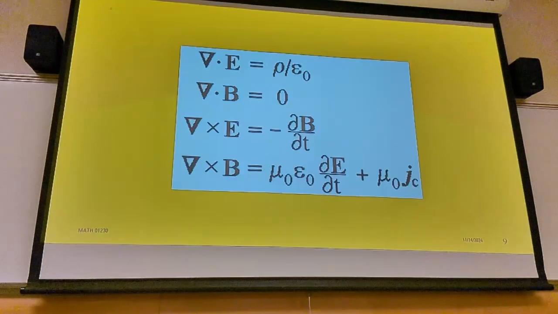But these are from the 1700s, 1800s. Without this discovery, none of this would be possible. We wouldn't have electricity.